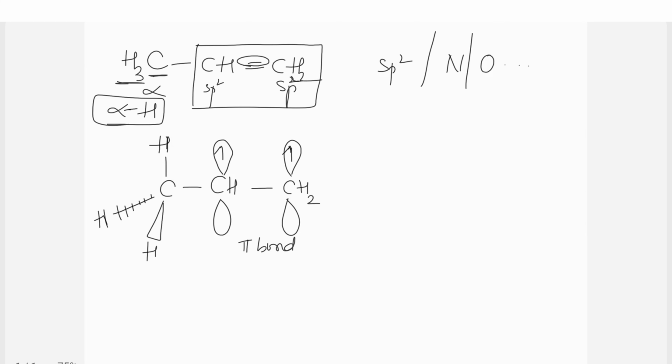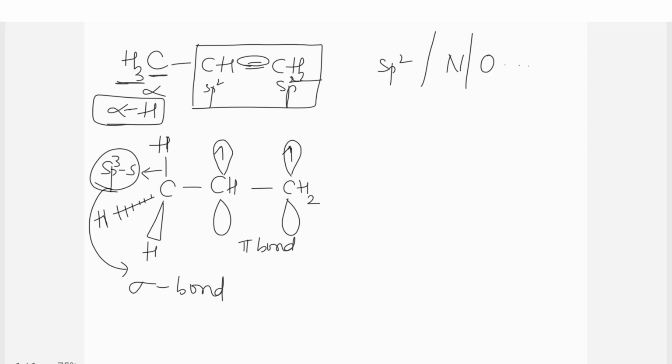Now this carbon-hydrogen bond is formed by an sp3 carbon and an s orbital. So it is an sp3-s orbital bond formation, which is obviously a sigma bond because hydrogen has only an s orbital.